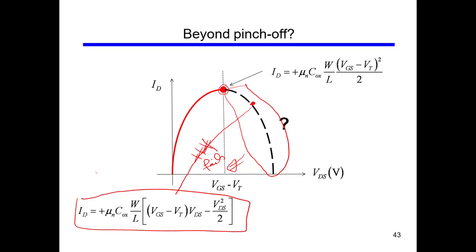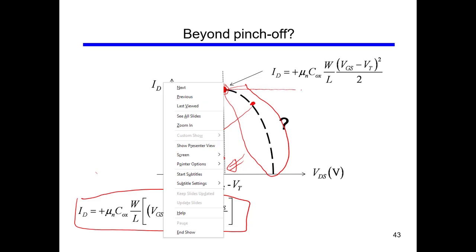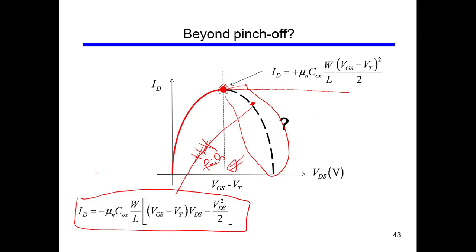But actually this is not the characteristic of a transistor. The actual characteristic of a transistor is that it saturates. Beyond the pinch off point, the current saturates at this value. It is always the same after that.